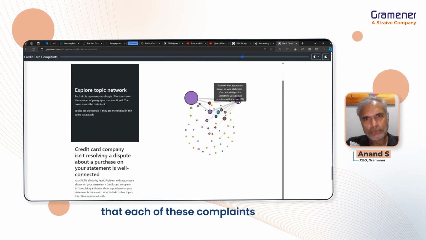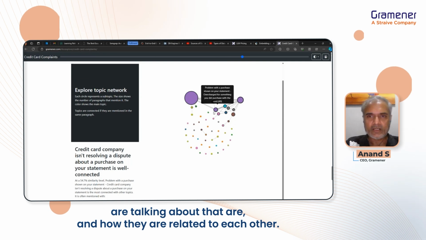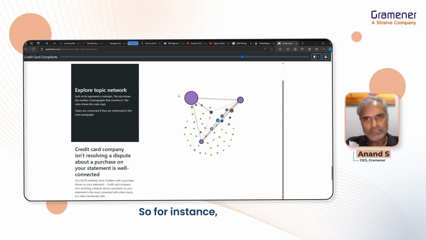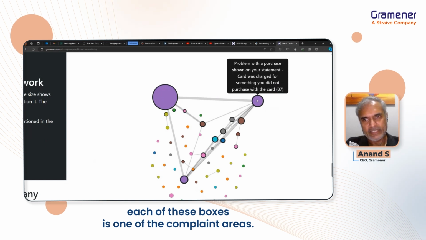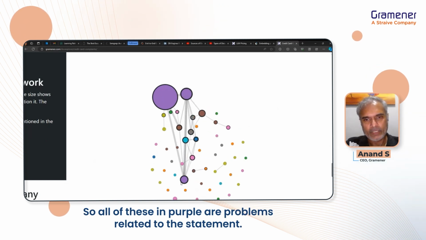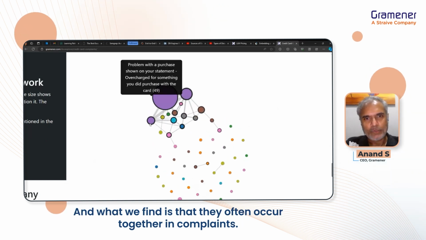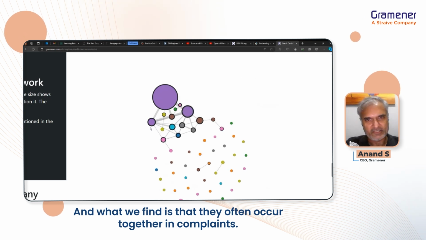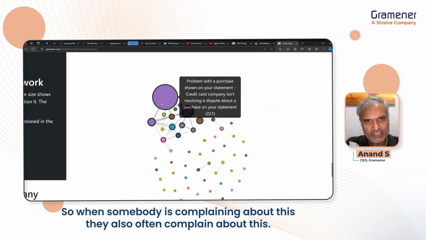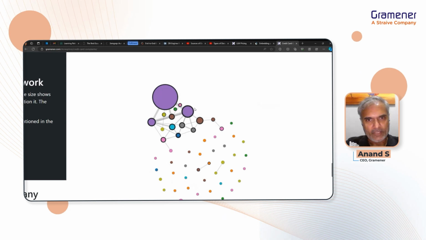that each of these complaints are talking about and how they are related to each other. So for instance, each of these boxes is one of the complaint areas. So all of these in purple are problems related to the statement. And what we find is that they often occur together in complaints. So when somebody is complaining about this, they also often complain about this.